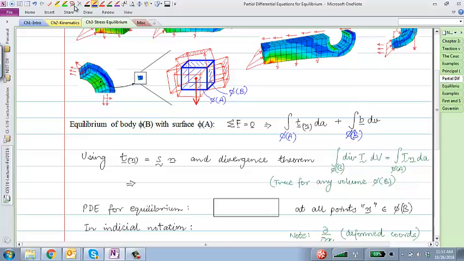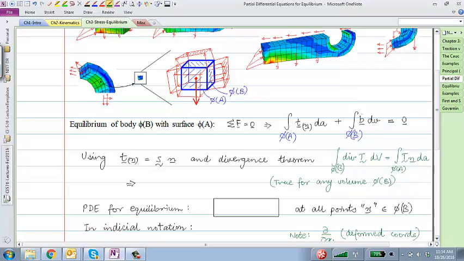This accounts for all the traction on all the surfaces and all the body forces, and we set that sum equal to 0. That's the equilibrium condition that we need to satisfy for any deformable body.